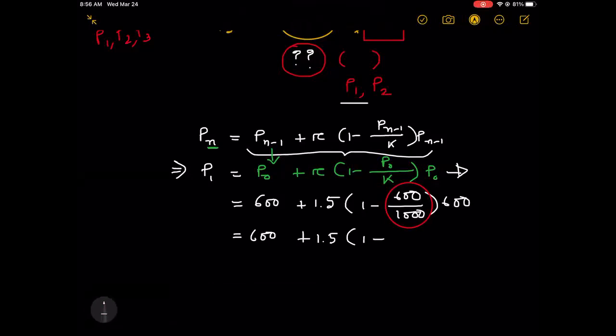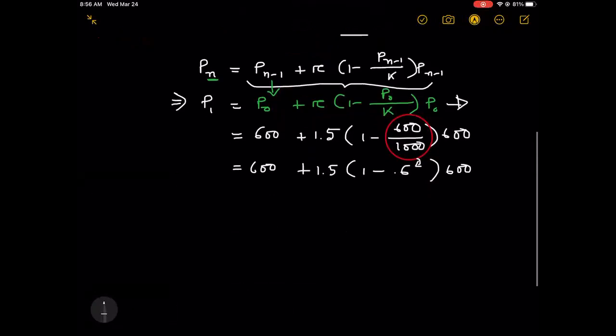So this is 0.6 coming from this. Just let me know if you have a different result, because it's really important to use the calculator the right way. Then 1.5. What's 1 minus 0.6?